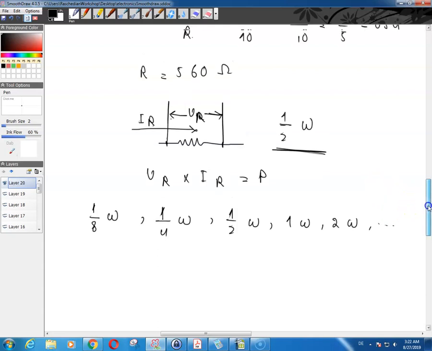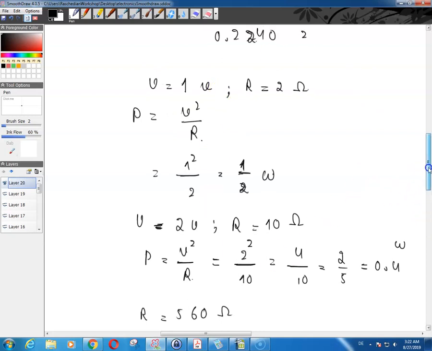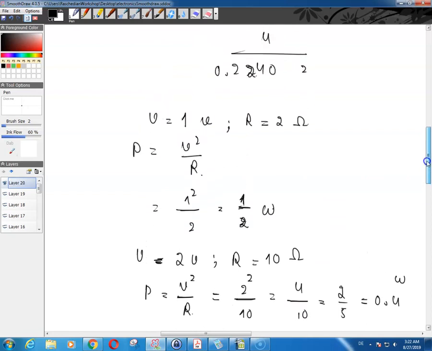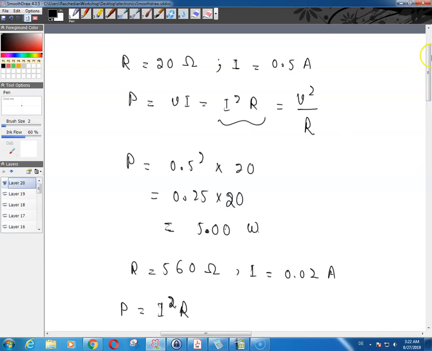In the case of these examples that we calculated here, the first, for example, over here we had a 20 ohm resistor, and the current going through that was 0.5 amps, and we got the power dissipation was 5 watts. So in that case, the resistor that you choose in this circuit has to be 5 watts or greater than that. A 5 watt resistor, basically it's a big chunk of resistor.